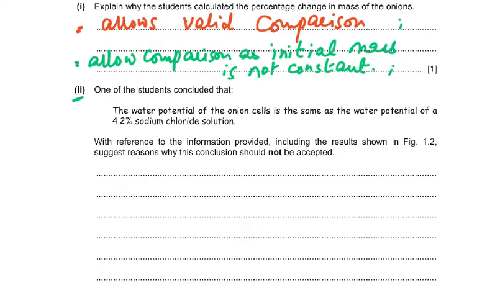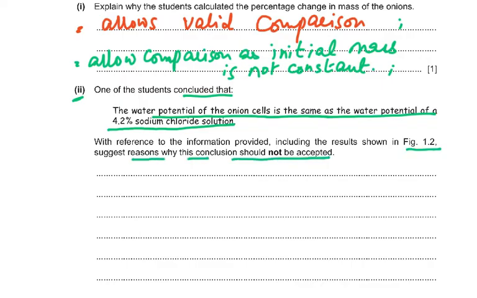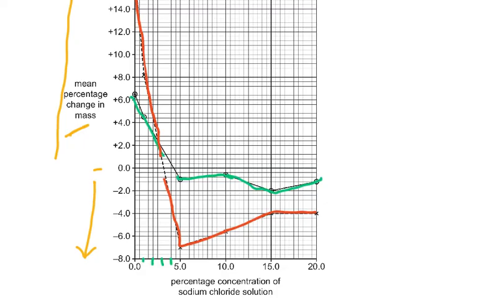Part 2, one of the students concluded that the water potential of the onion cells is the same as the water potential of a 4.2% sodium chloride solution. With reference to the information provided, including the results shown in figure 1.2, suggest reasons why this conclusion should not be accepted. Now, let's look at the graph again. How do we find out the actual percentage?